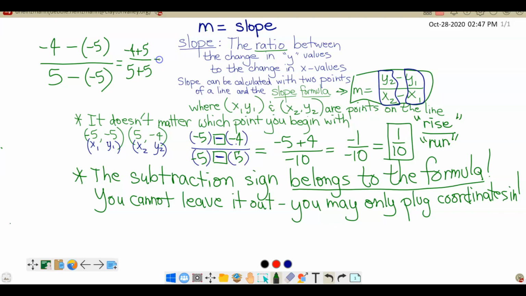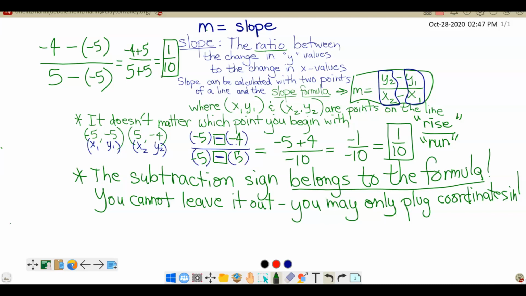So -4 plus 5 is a +1, and 5 plus 5 is a +10. So you can see that it didn't matter. We end up with the same exact slope.